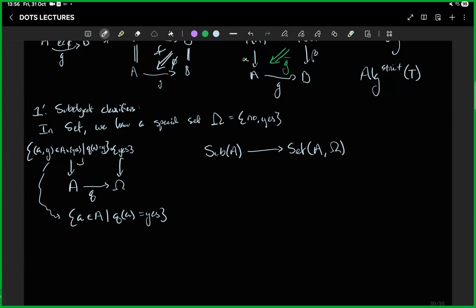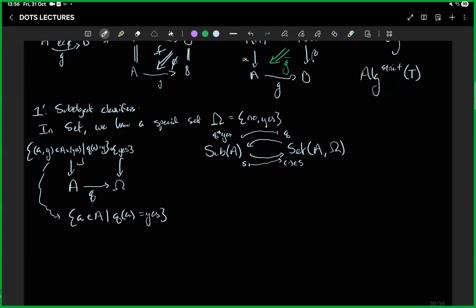So we can see that forming the pullback takes the set of things that get yes. So I've taken this construction here where I have the subset maps to the question, am I in the subset? And then I have this other one here, which takes a question and maps it to the pullback, Q star of yes, the inverse image of yes.